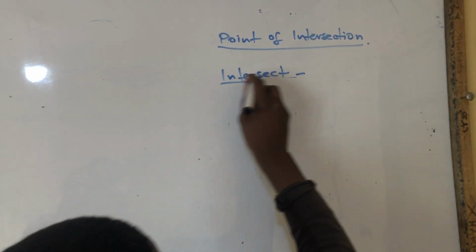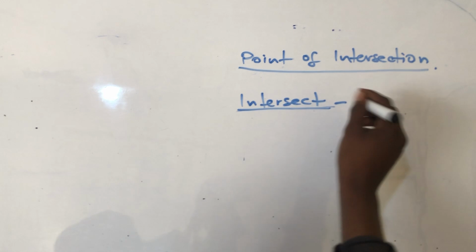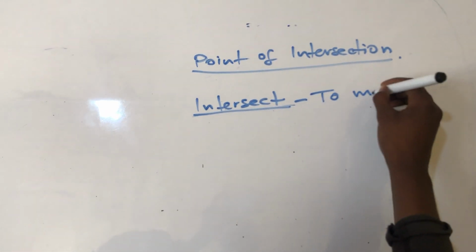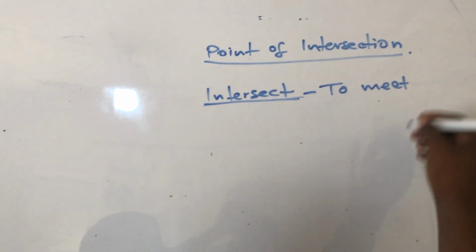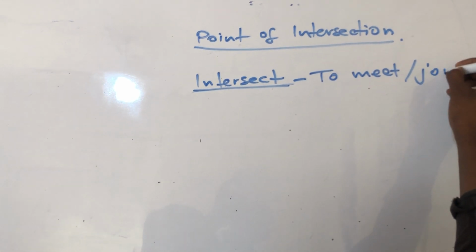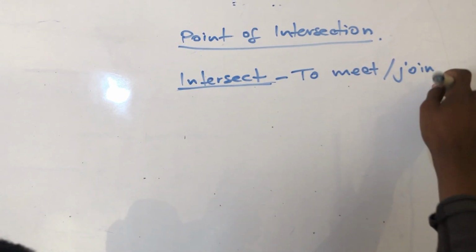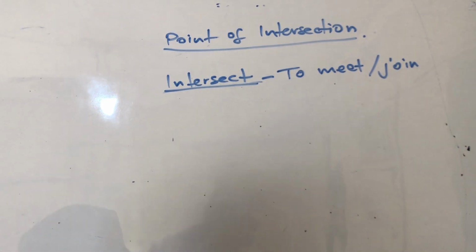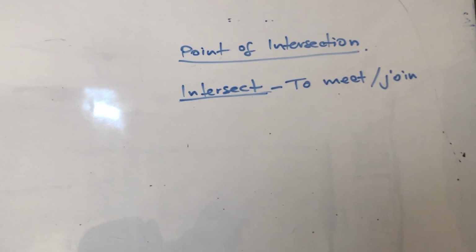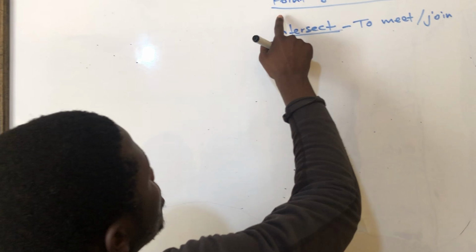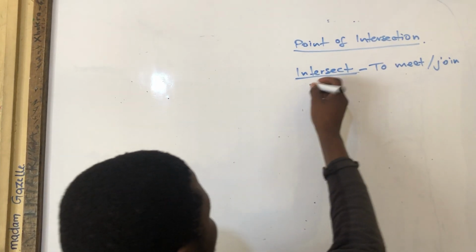So what is a point of intersection? Like we've said, to intersect, grammatically, means to meet. We can talk about the word to join, coming together, converging, and so forth. So what would you say a point of intersection is then?